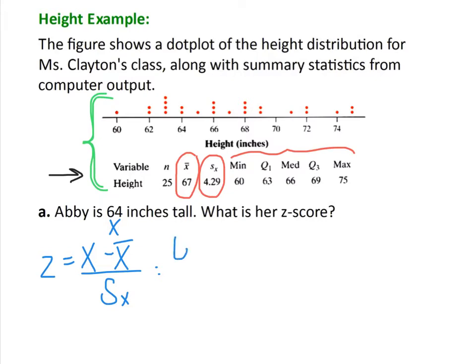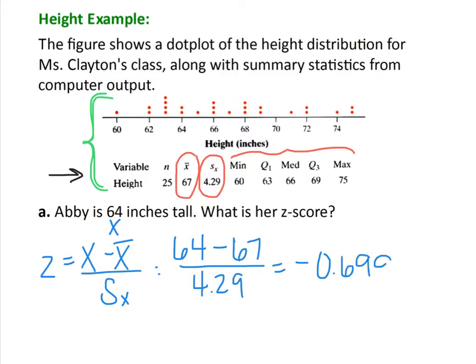Her x is 64 minus the mean of 67 divided by the standard deviation of 4.29. When I do that arithmetic, I get negative 0.699. Well, we round z-scores to 2 decimal places, so I'm going to rewrite this as negative 0.70. And this would be Abby's z-score. So this is review. We've seen this before.